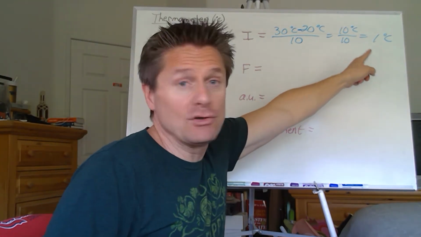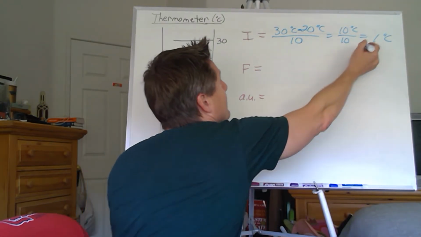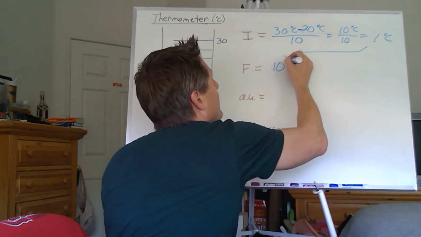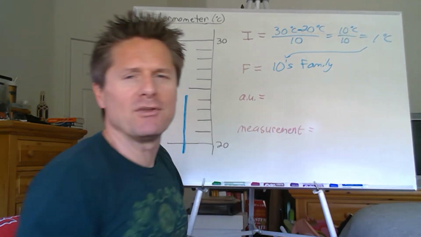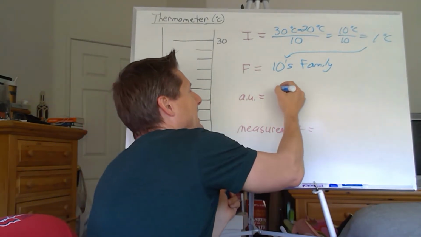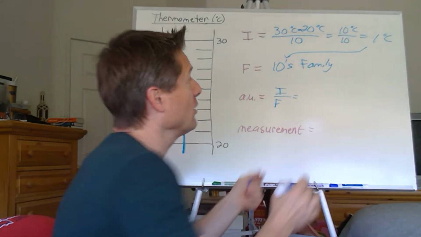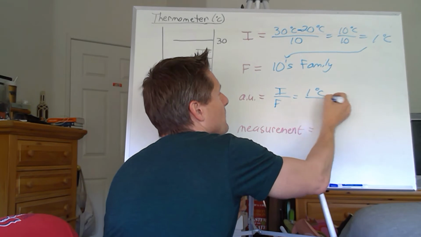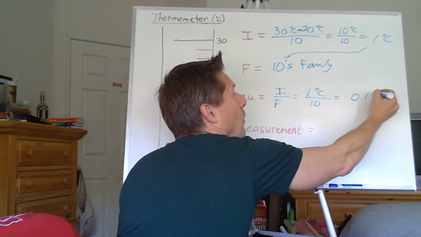Makes sense, right? Now, do you see a 2 in that? Nope, not the 2's family. Do you see a 5 in that? Nope, not the 5's family. That is the 10's family. Like I said, you can probably do those in your head. So we can calculate the absolute uncertainty now, which is the increment divided by the family. Increment's 1 degree Celsius, divided by 10 is 0.1 degrees Celsius.